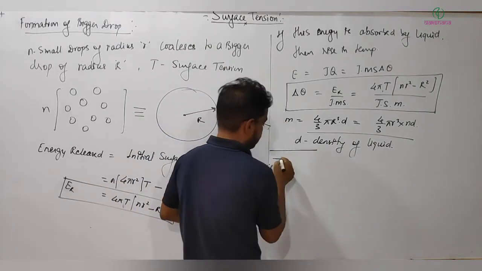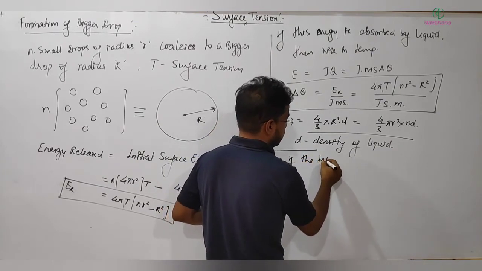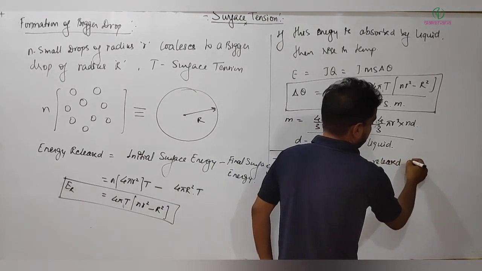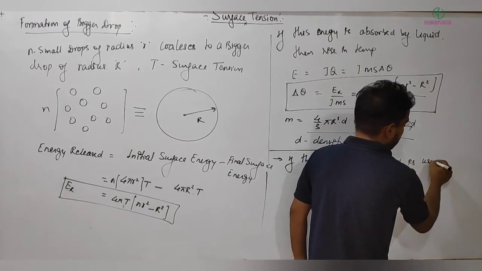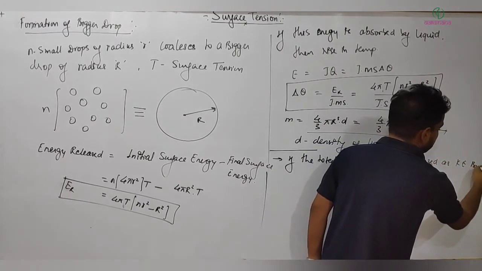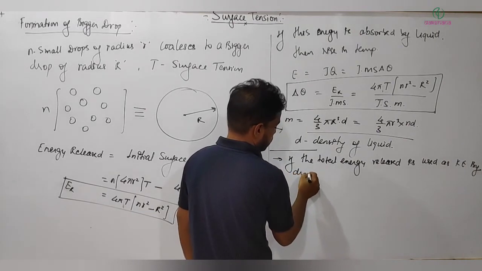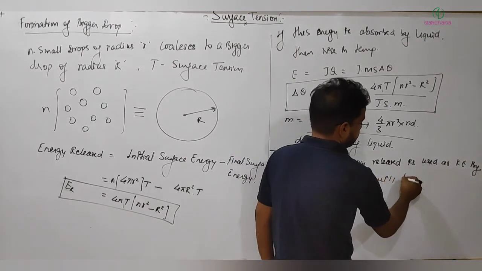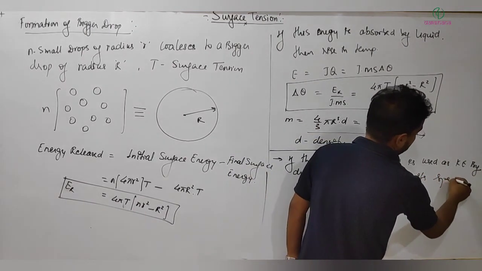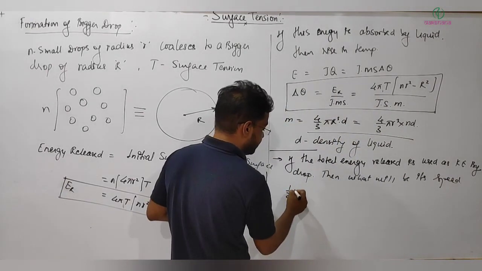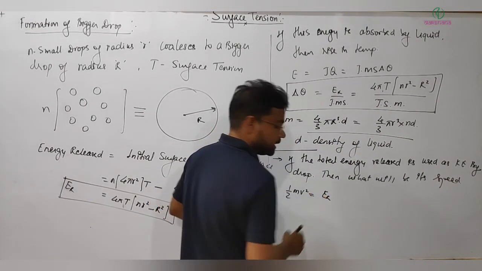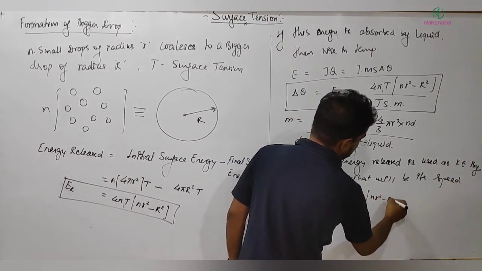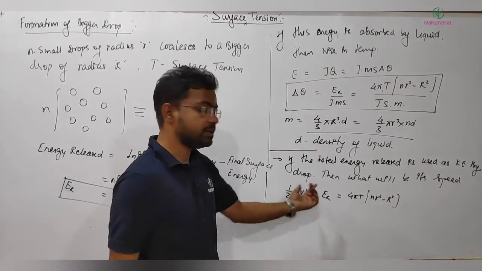If the total energy released is used as kinetic energy by the drop, then what will be its speed? So we can write half m v square is equal to the energy released, and that is equal to 4 pi T multiplied by n small r square minus capital R square. Again you can rearrange it.